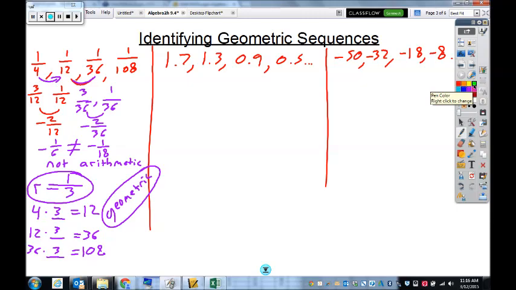For this next one, I'm going to check to see first if it's arithmetic, because I see I'm going from 1.7 to 1.3. Well, that means I'm just subtracting 0.4. And to go from 1.3 to 0.9, I'm subtracting 0.4. Okay?